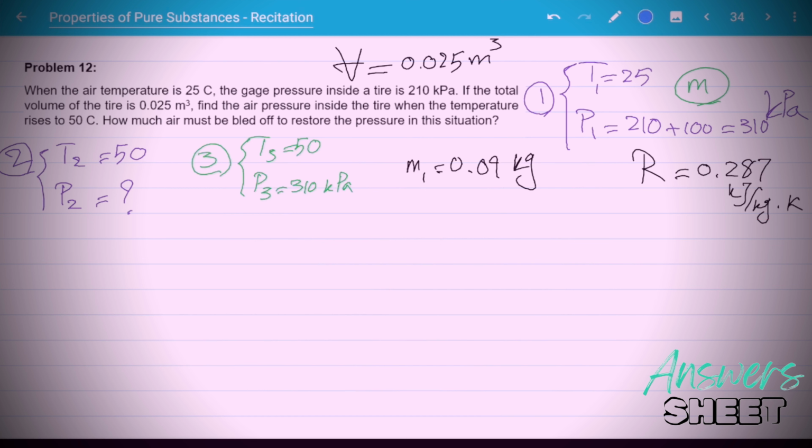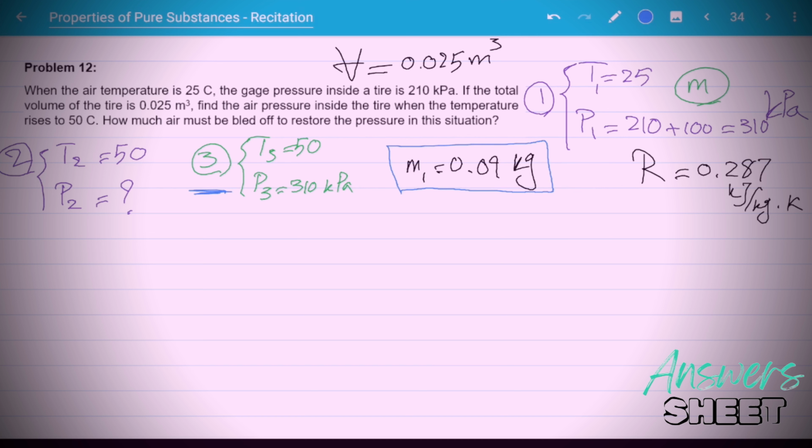Okay, I cleared up the calculation space and I'm keeping the mass that we just found up here. Now let's see at final state, if we want to have a temperature of 50 and the pressure of 310, how much mass of air we can have in the tire.